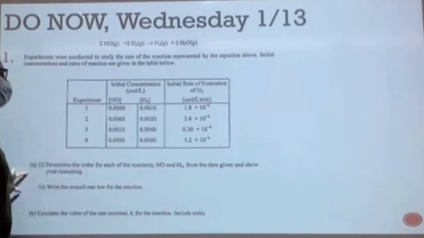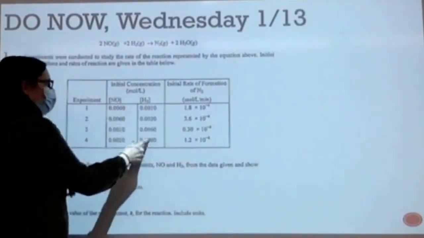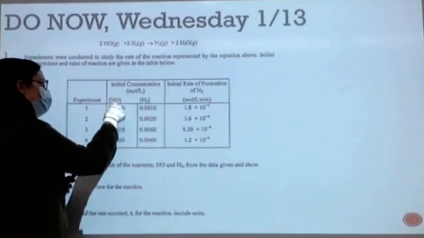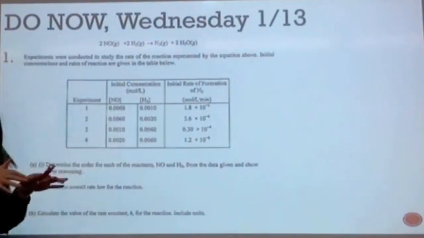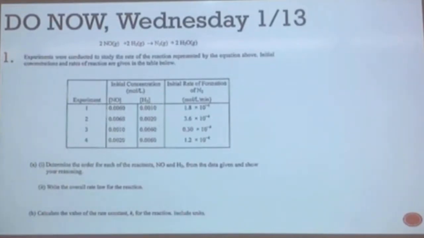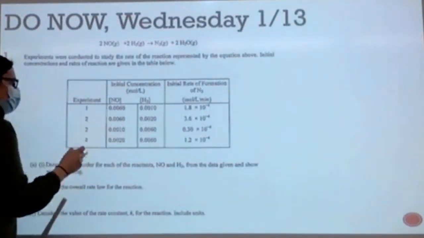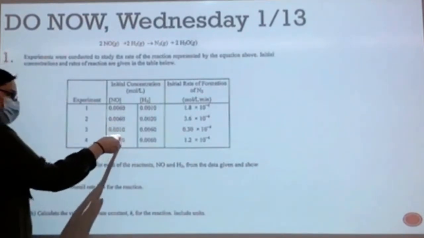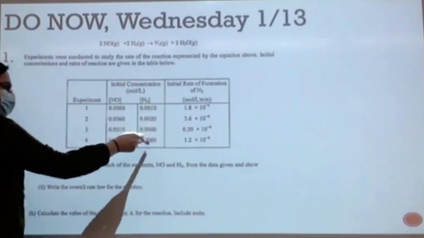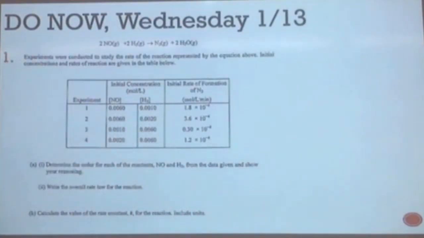So when I want to determine the order for each of these, I want to see where does NO change while H2 stays constant, because you only want one variable changing at a time. So I notice that NO changes from 3 to 4, while H2 stays constant from 3 to 4.